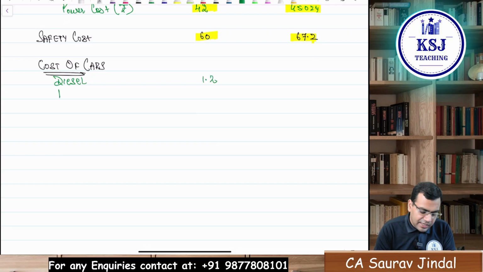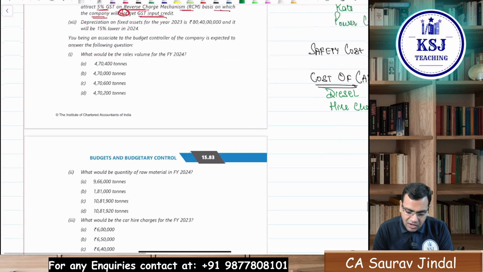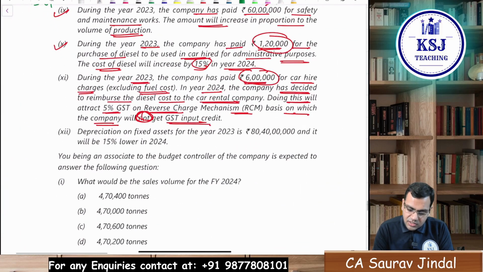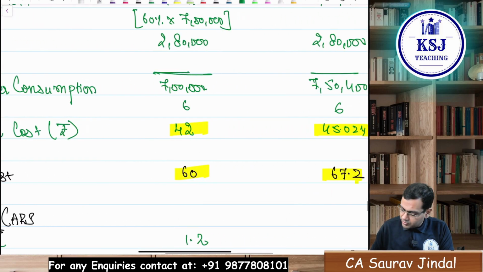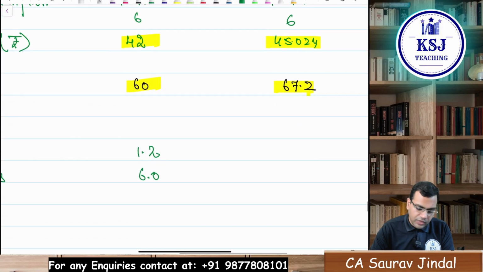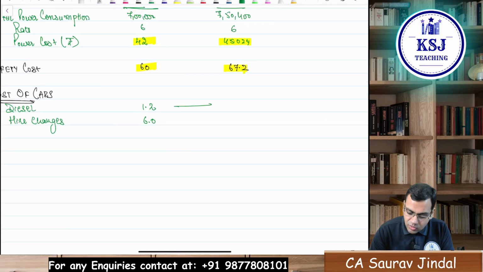And secondly, hire charges are being paid, that is 6 rupees, right? Now next year what they say is diesel cost will increase by 15%. So 1.2 plus 15%, that will be 1.38. Hire charges will remain same, that is 6.